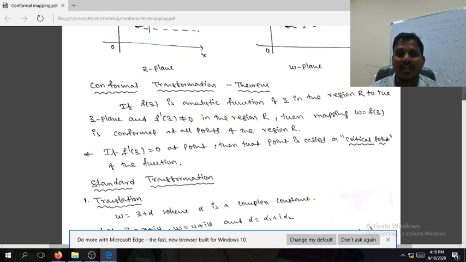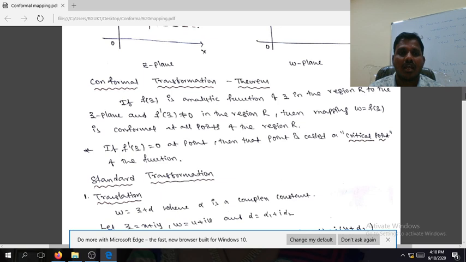If f of z is analytic in a region R in the z plane, and f dash of z is not equal to 0 for every z in the region R, then the mapping w is equal to f of z is conformal at all the points of the region R. See how simple conformal mapping is. To decide whether a given mapping is conformal or not, you just look at f of z.